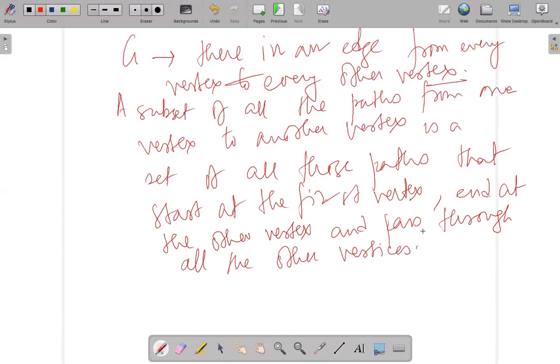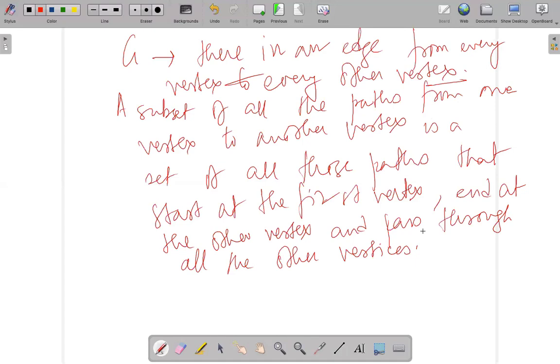If you try to imagine carefully, consider a graph that has an edge from every vertex to every other vertex. A subset of all the paths from one vertex to another is the set of all those paths that start at some first vertex, end at some other vertex and pass through all the other intermediate vertices.